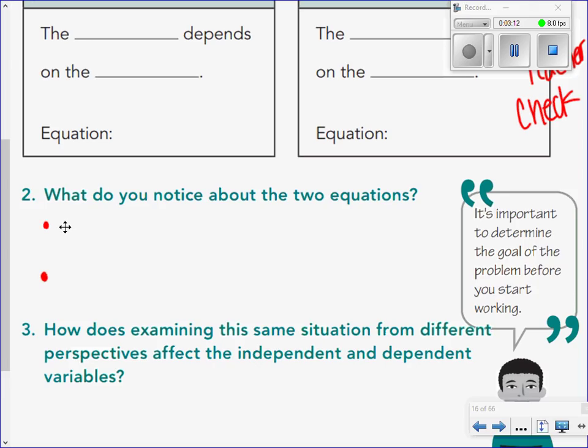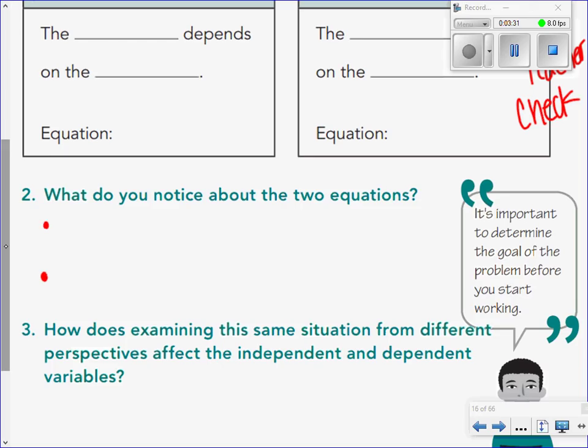Are we using the same information? And then the second one would be, are they solving for the same thing, or are they solving for a different thing? Is each equation used to find the exact same thing, or are they each used to find something different?